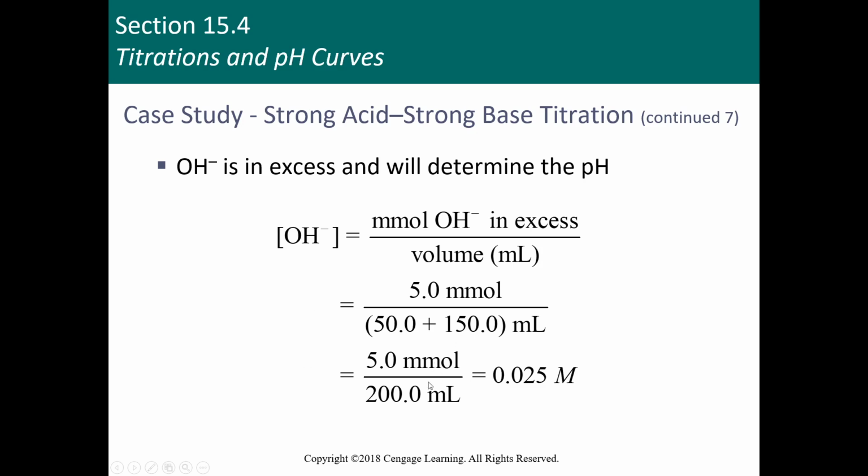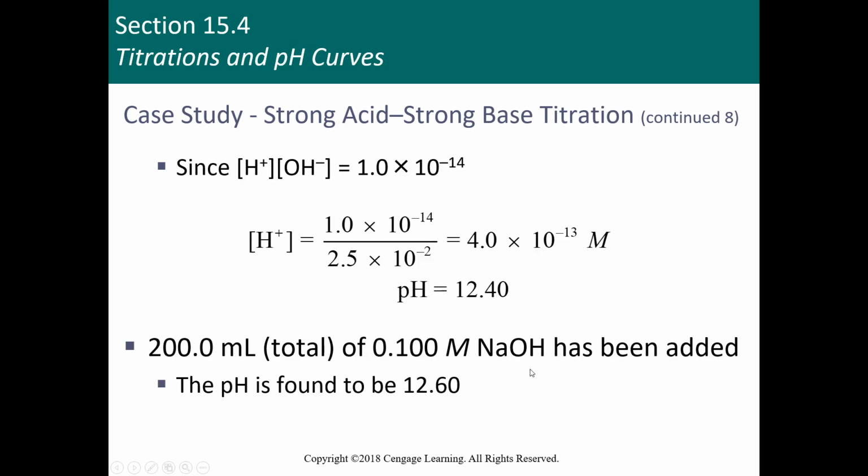And so that will be 5 divided by 200, 0.025 molarity for the OH minus. Okay, so we know that the concentration of H plus times OH minus has to be 10 to the negative 14. And so we can take 10 to the negative 14, divide it by our concentration of OH minus, and that will give us our concentration of H plus right here. We take the negative log of that, and that would give us our pH. And so we see here that that pH is 12.4.